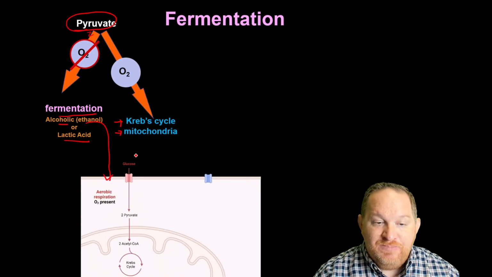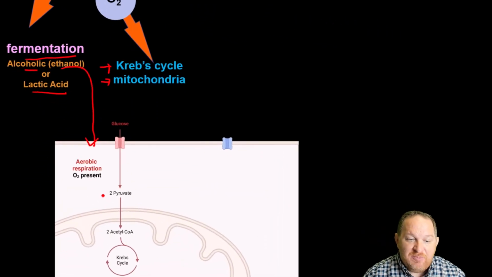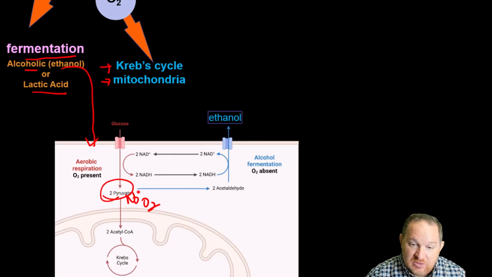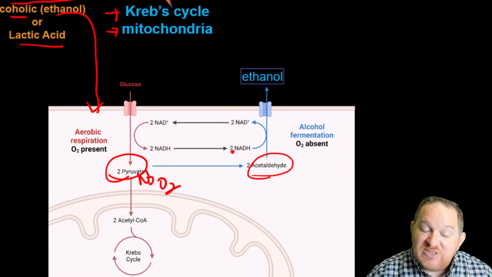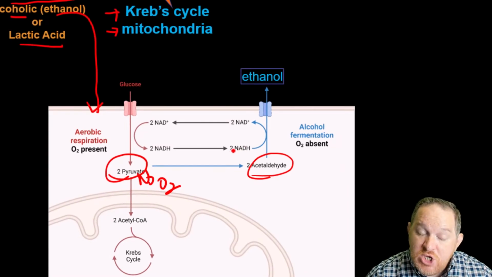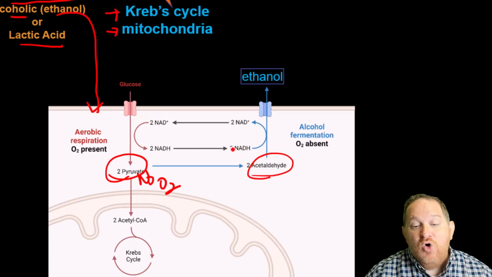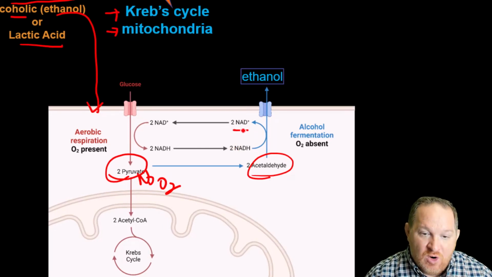So remember, glucose was broken down to pyruvate. If there's no oxygen, then we're going to have to do something else. In this case, the pyruvate went in, etc. But if there's no oxygen, look what happens. Pyruvate is converted to acetaldehyde, and then those NADH, those electron carriers we use, right, were then going to be taken back to their original NAD form, right?